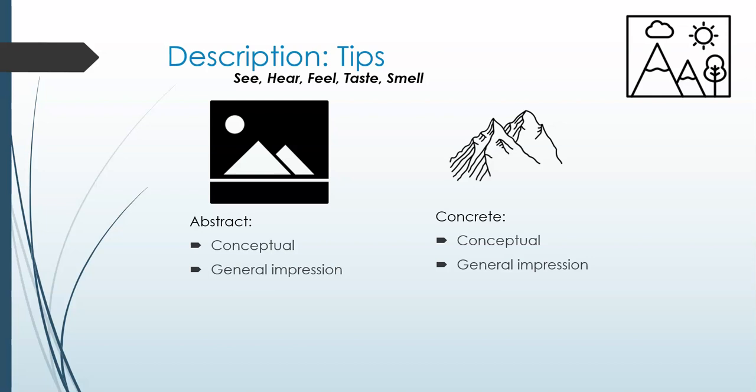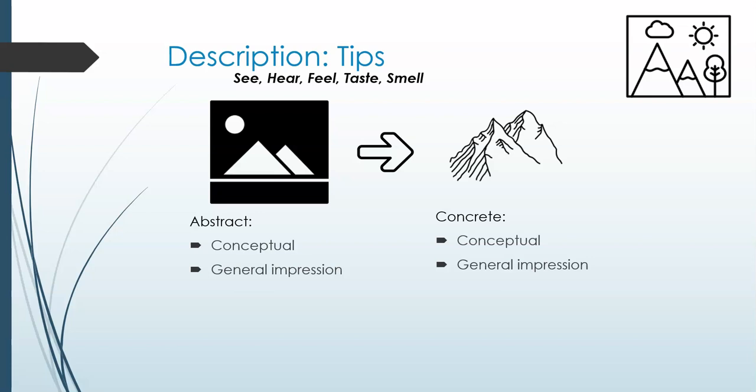It is often useful to start with a more abstract description, for example, saying the dress is beautiful, and then follow with concrete information, for instance, details about the color, fabric, fit, and so on. Moving from abstract to concrete is a useful strategy in introductions, conclusions, and body paragraphs.